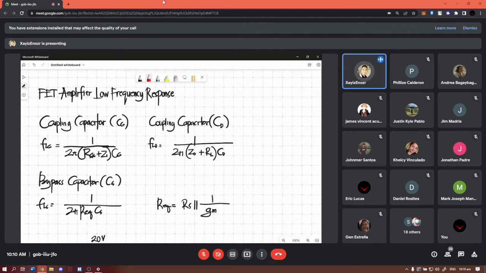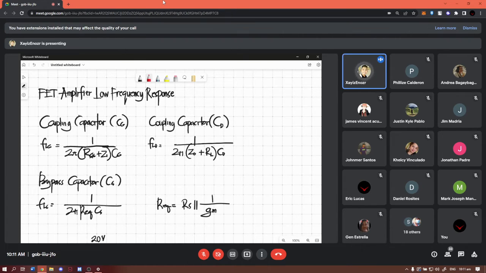In the low frequency response, we consider three capacitors: two coupling capacitors and one bypass capacitor. In the FET amplifier, the coupling capacitors are located on the gate and the drain terminals, while the bypass capacitor is on the source terminal.